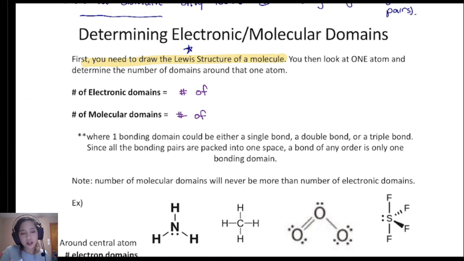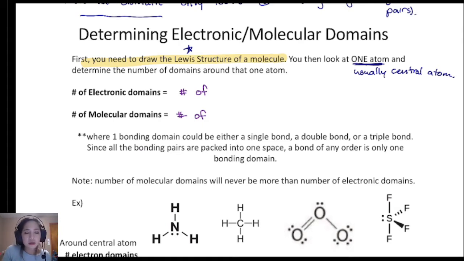Usually when a question asks you about molecular domains or electronic domains, you're looking at one atom in the molecule, usually the central atom, to determine the number of domains.